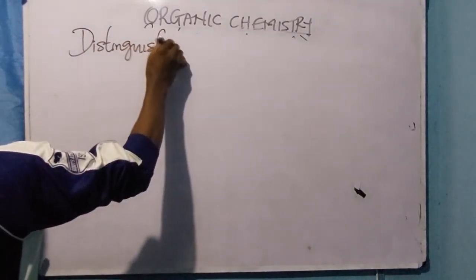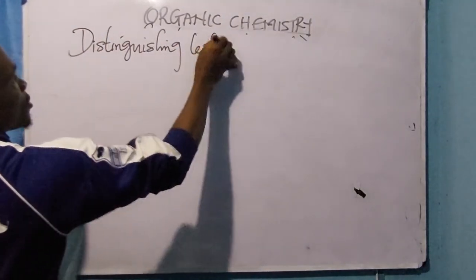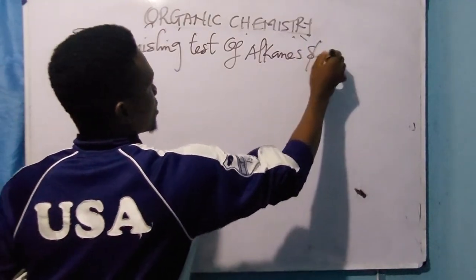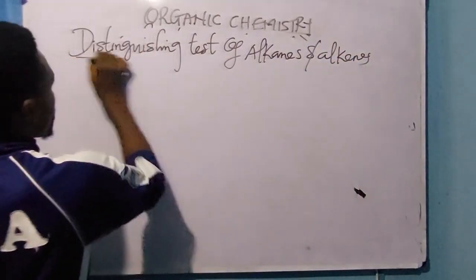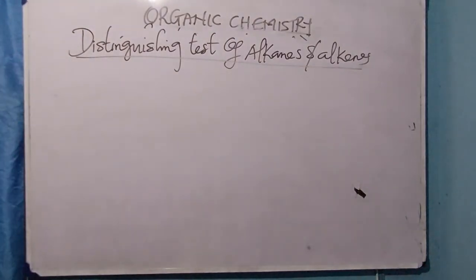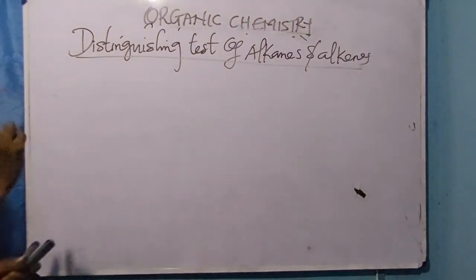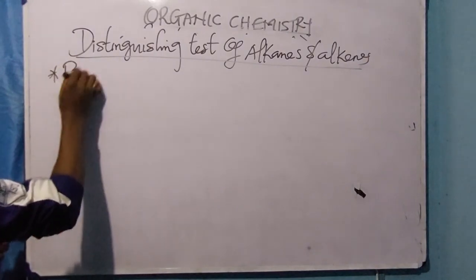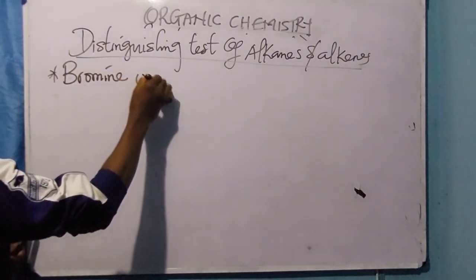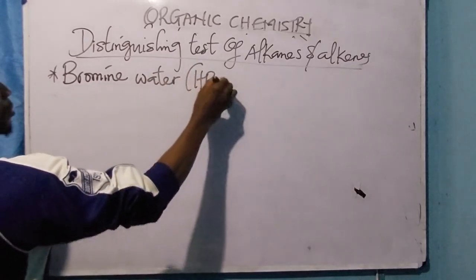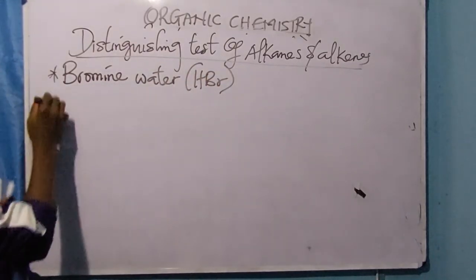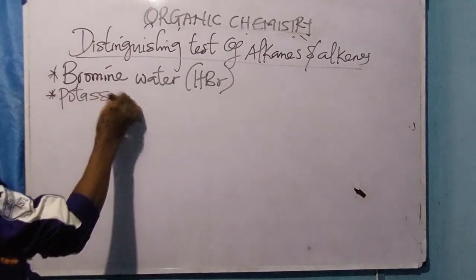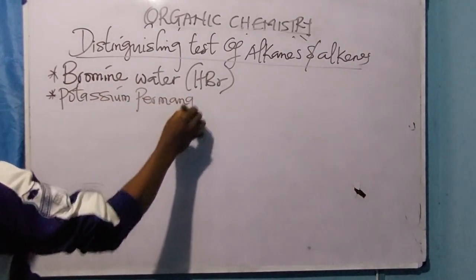Now the two compounds used are, one, bromine water, and then secondly, you have potassium permanganate, KMnO4.